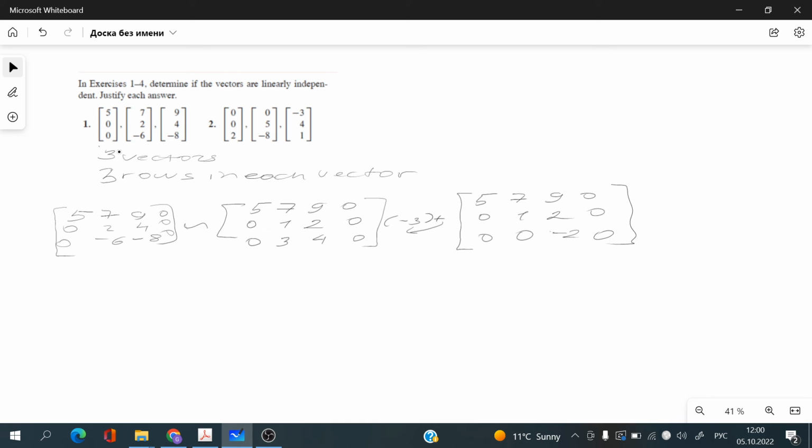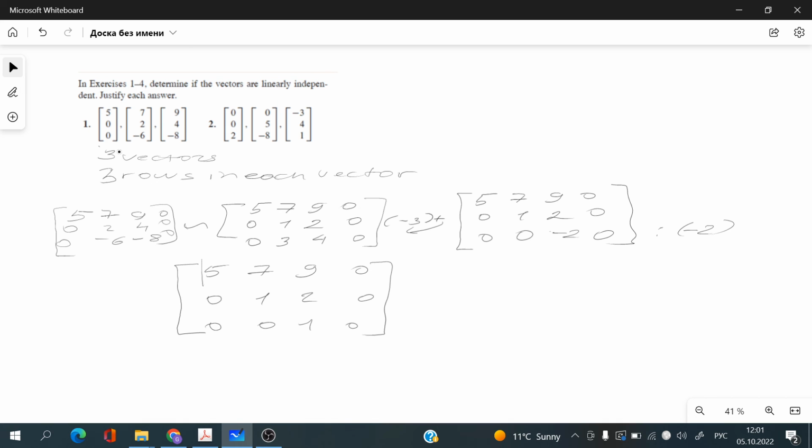Something like this, correct? For now, it's not asked to reduce to echelon form, however, we can do that. Let's take the last row and divide by -2. We're going to get 0, 0, 1, 0. And here, 0, 1, 2, 0, 5, 7, 9, 0.